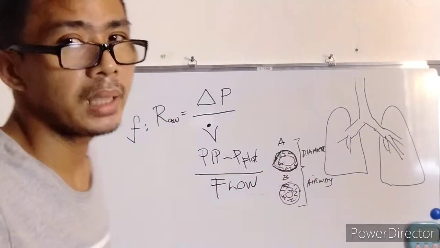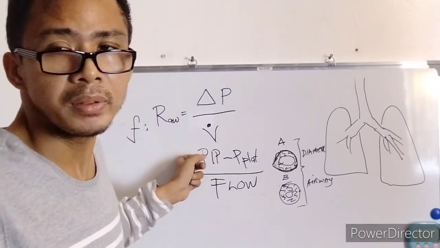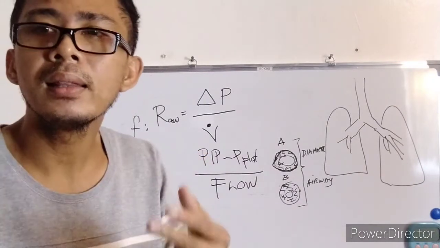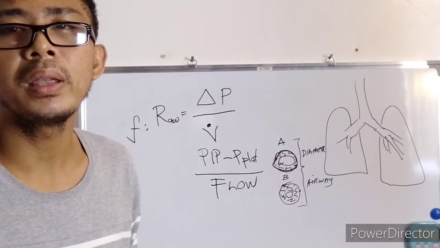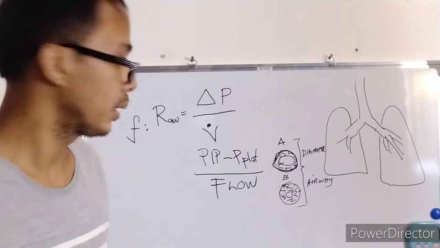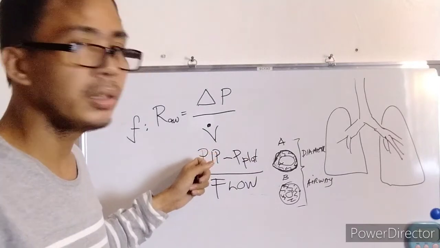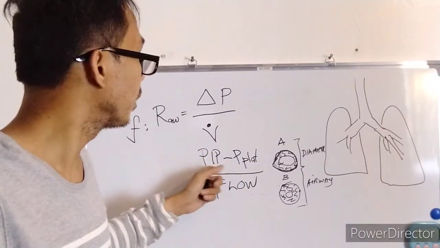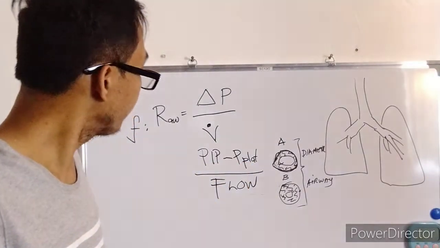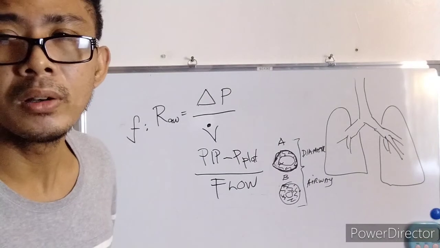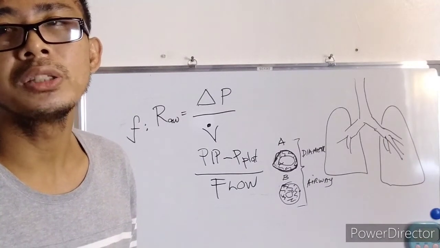These elements, like peak inspiratory pressure, can be found on your ventilator, since this equation reflects the airway of an intubated patient. So the change in pressure is the difference between your peak inspiratory pressure and your plateau pressure, over the flow. But be careful, because the answer must be in centimeters of water per liter per second.